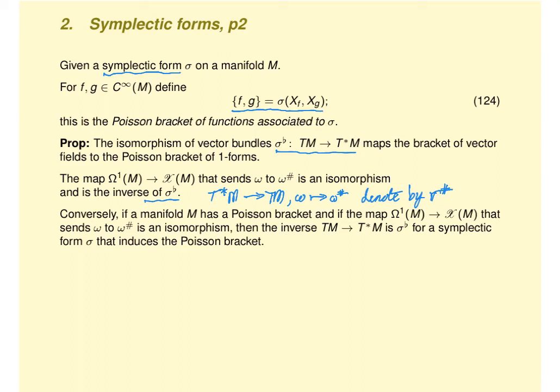Conversely, so this is going in the other direction, if we start with a Poisson bracket, and if the map pi sharp, again this map from one forms to vector fields, is an isomorphism of vector bundles, then its inverse goes from the tangent to the cotangent, and that is sigma flat for a symplectic form sigma that induces the given Poisson bracket.